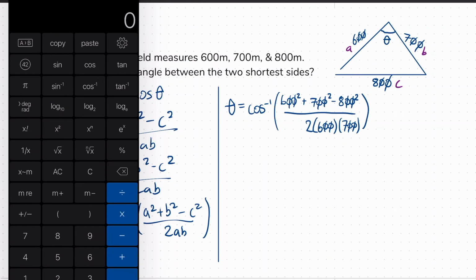All right, let's move this over here. So 600 squared plus 700 squared, and I'm going to subtract 800 squared, giving me 210,000 over 2 times 600 times 700.